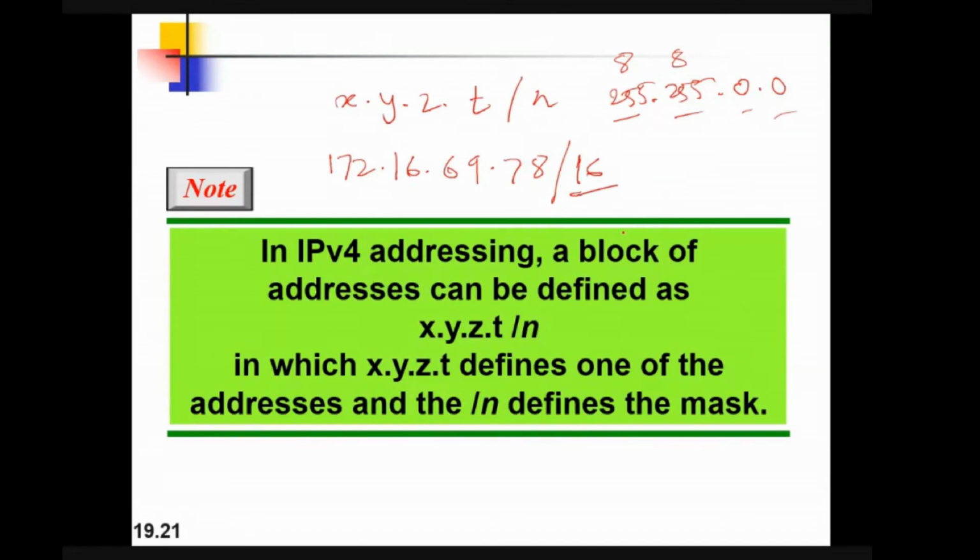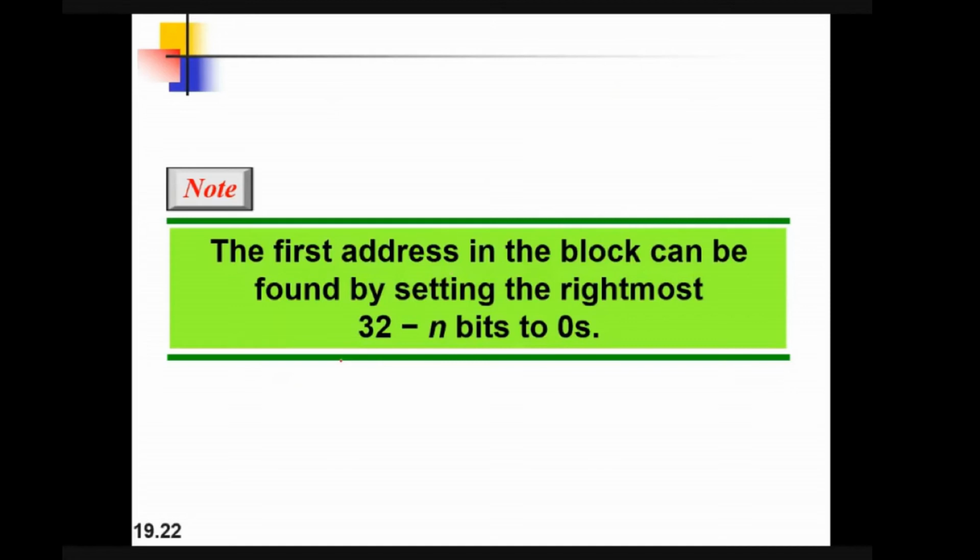The first address in the block can be found by setting the rightmost 32 minus n bits to 0.